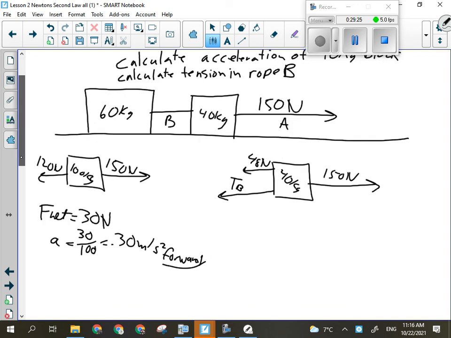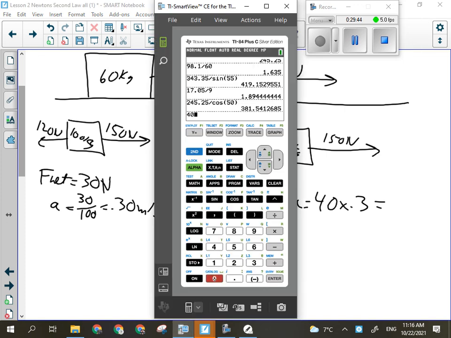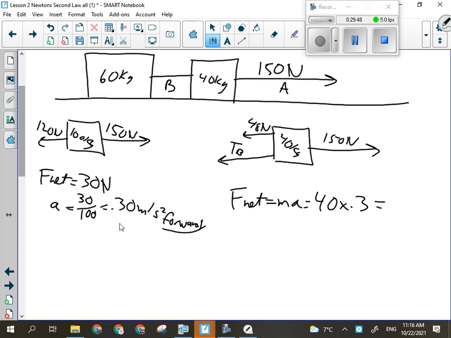All right, can I find the net force acting on the 40 kilogram block using mass times acceleration? So that'll be 40 times 0.3. So 12 newtons is my net force. 12 newtons forward.